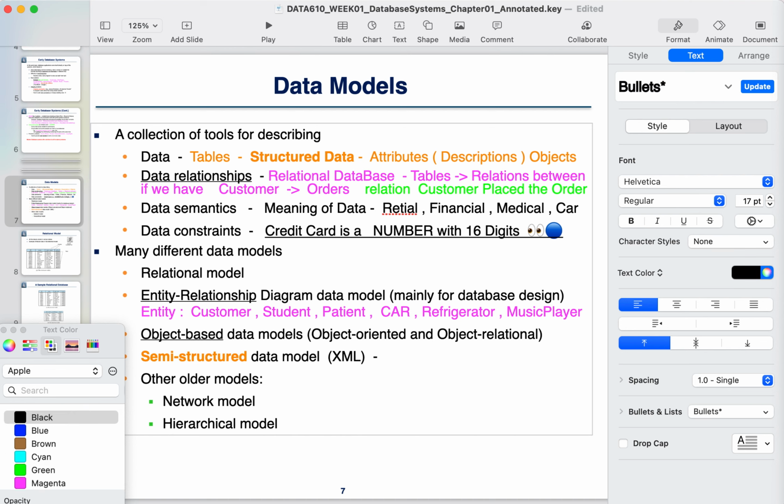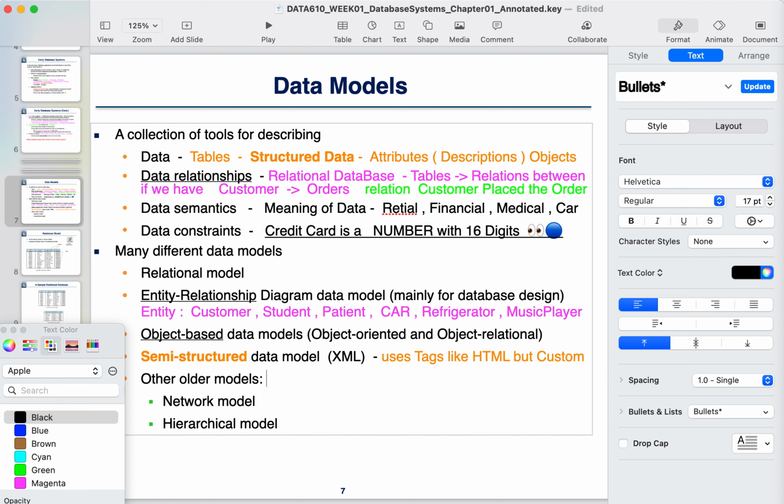XML uses tags like HTML, but custom tags, so that we can create a tag called customer or student or patient and then save all the information about this customer inside of that tag.